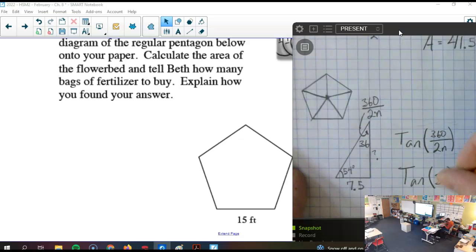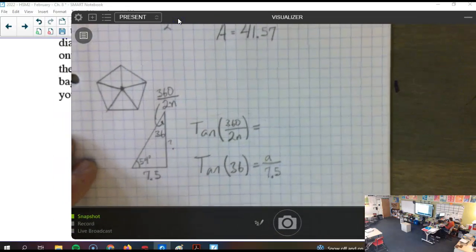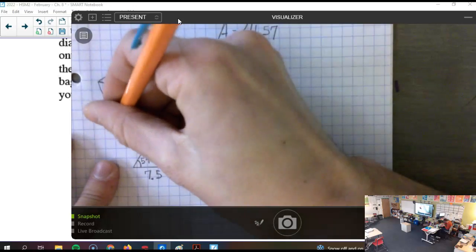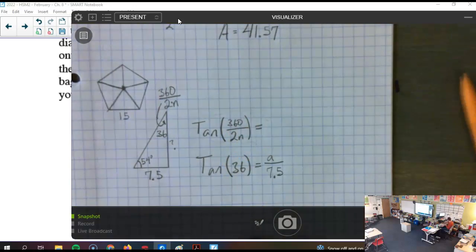So then it's altitude, so I'm going to say A over, well, in this case it's going to be 7.5, but if we're trying to formalize it, I'm going to scooch this over now because I think we've seen the shape enough.